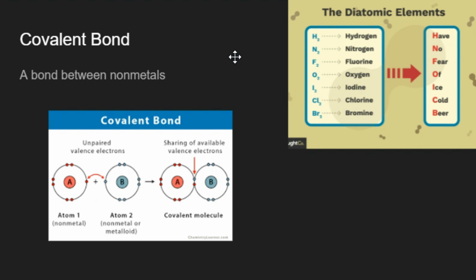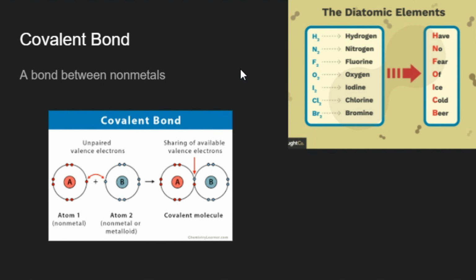The next one is called covalent bond. This is another core bond, and this is a bond that's formed by sharing of valence electrons. In nature, some of the nonmetals don't appear as a single atom.